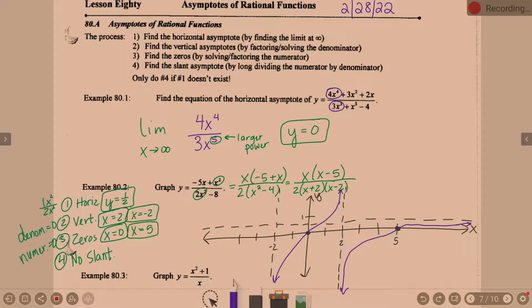Okay? And this 0 came from just a factor of x, yes? If it had an even power, then we would touch it and go back up instead of crossing through. But since it was x at first, we're going to cross it and go through. Okay, now what?